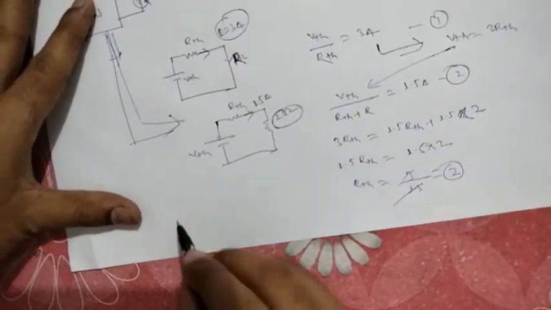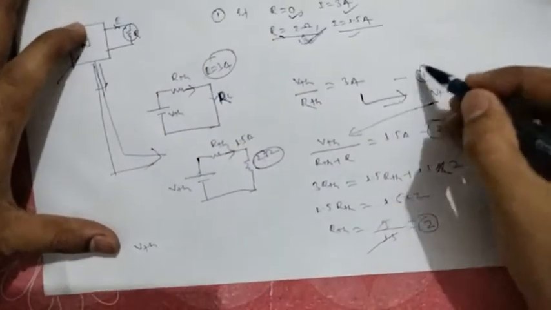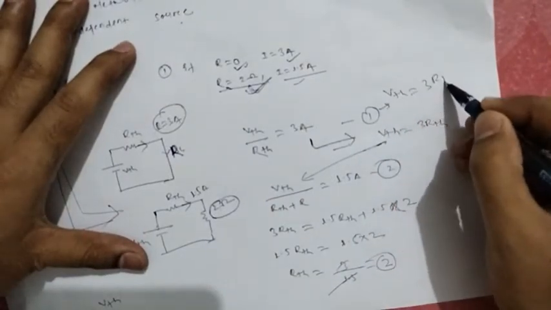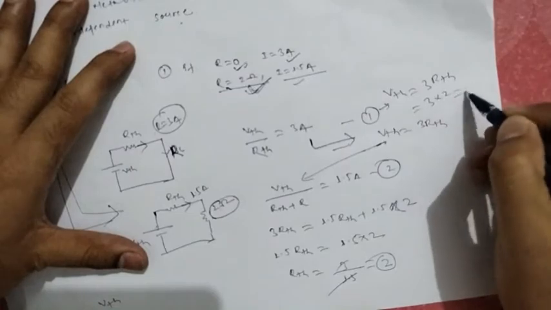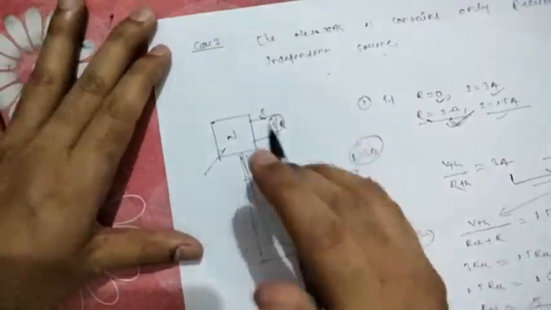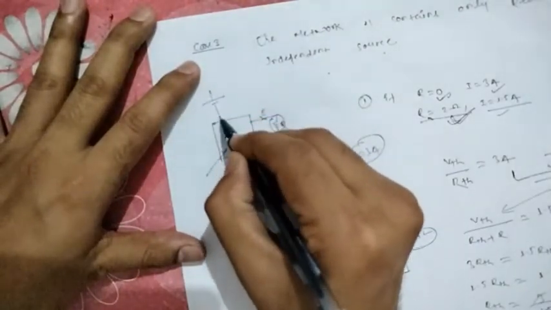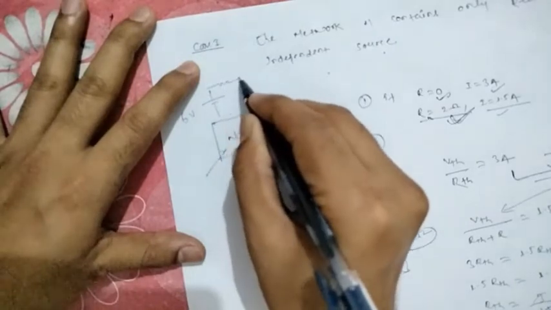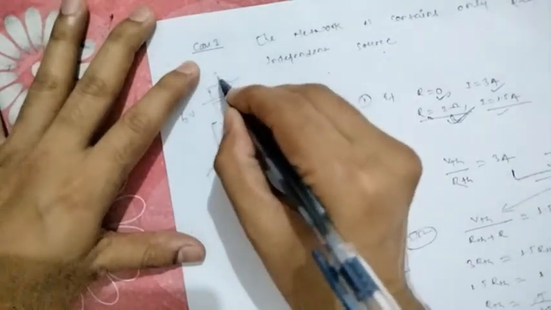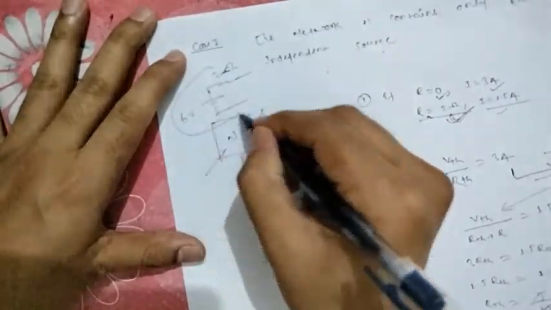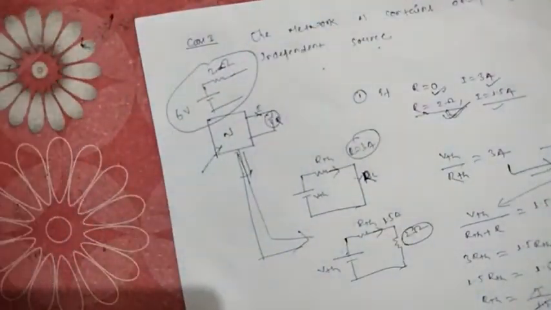Now what will be the VThevenin? From the first equation, VThevenin is nothing but 3 into RThevenin, 3 into 2, which is equal to 6 volt. So the network we got consists of VThevenin equal to 6 volt and RThevenin equal to 2 ohm. So this was our network. Now we have successfully solved our circuit. Now we are going to move to the second problem.